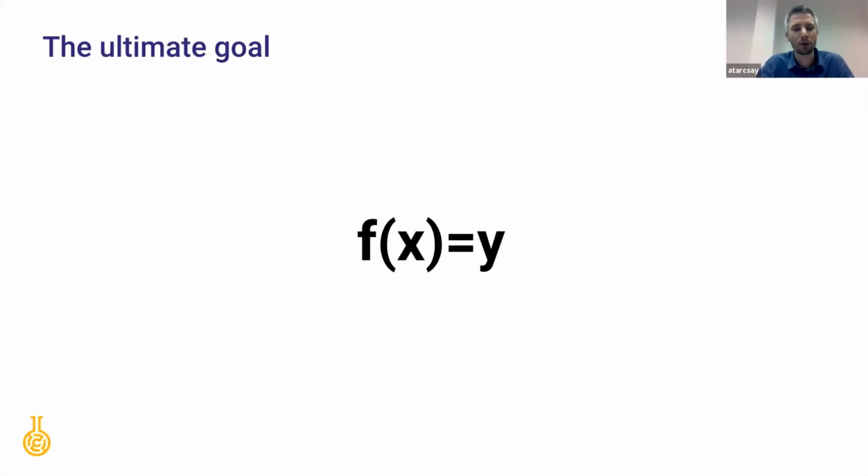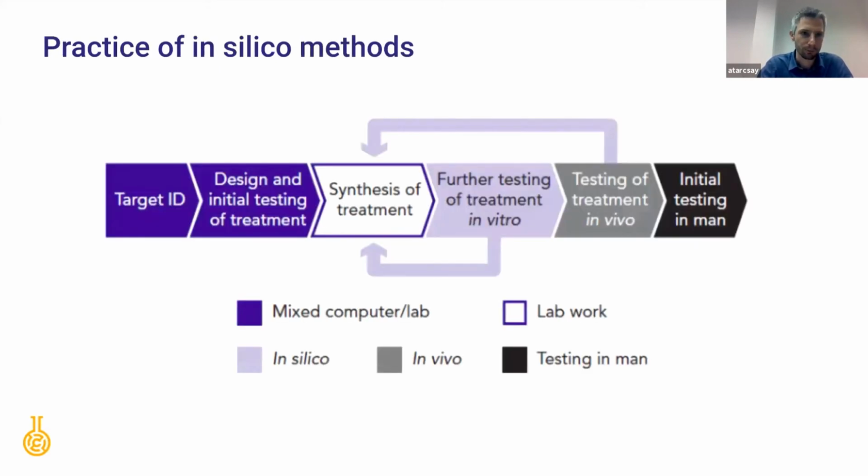So our ultimate goal is a function that relies on predictive properties, properties that can be calculated before the molecule is synthesized. That's the X. These are the descriptors that we can virtually calculate, or it can be the physics-based method itself, and it predicts the Y, the binding affinity.